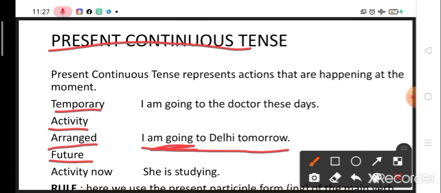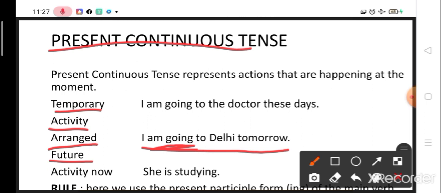So although this action is not taking place or not being in process right now, it is a future action, but still it is included in present continuous tense. So such arranged future activities, when we express them, we use the present continuous tense.